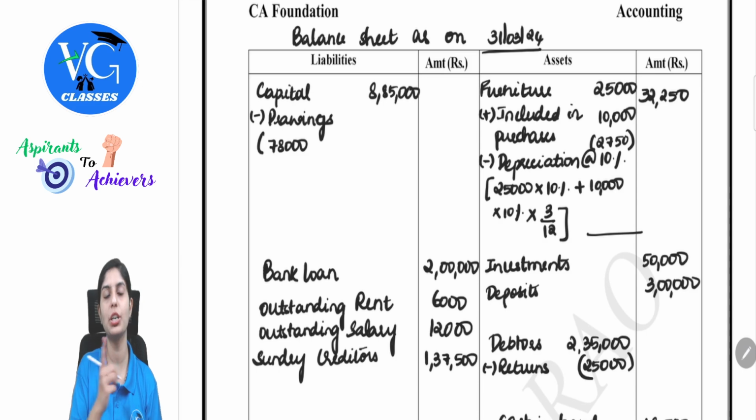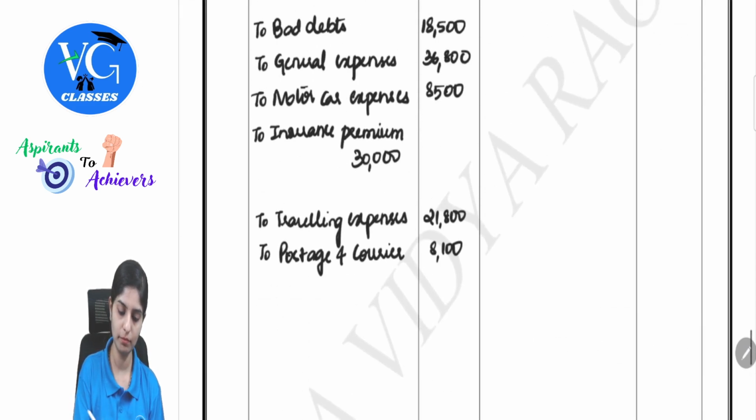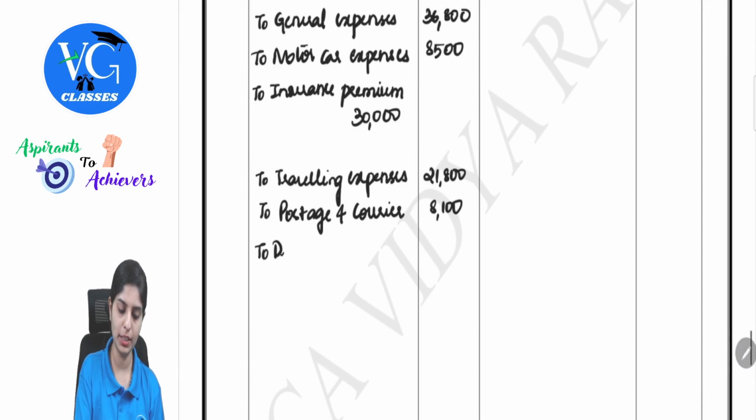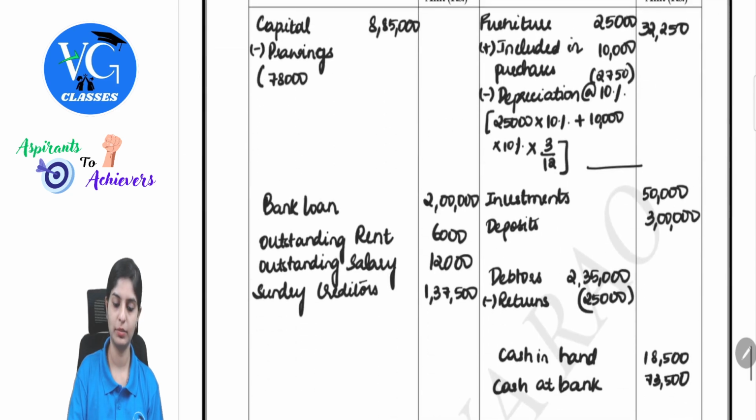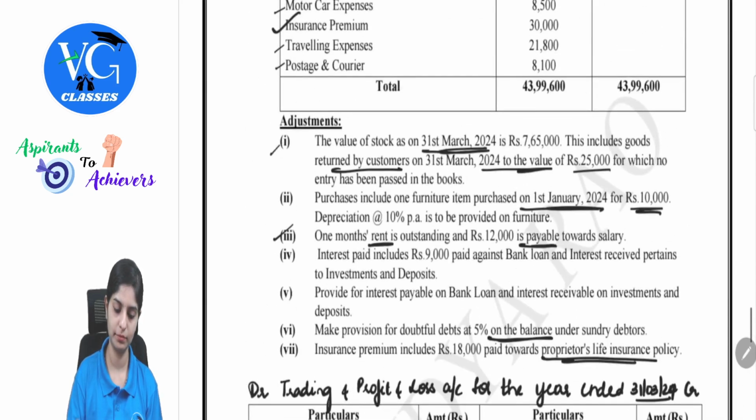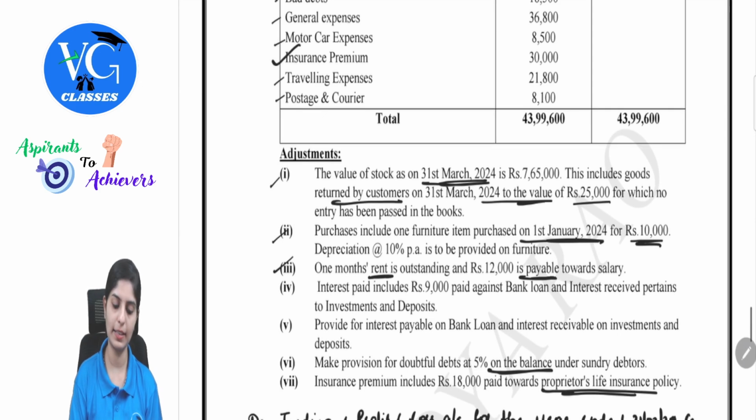This depreciation needs to be recorded in profit and loss account. To depreciation on furniture 2,750. Yes. So second point is done.